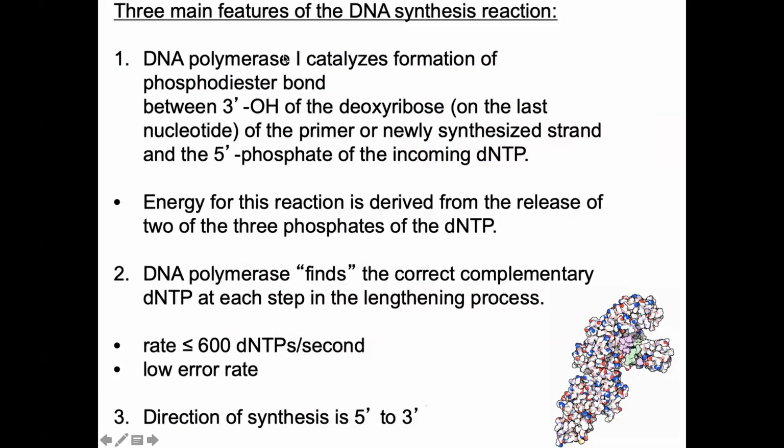So what DNA polymerase 1 will do is catalyze the formation of a phosphodiester bond. Again, remember, that's how you link individual nucleotides together in a molecule of DNA. The enzyme catalyzes the formation of a 3' to 5' phosphodiester linkage, and it uses the 3' OH of the deoxyribose of the last nucleotide of the primer or newly synthesized strand of DNA.